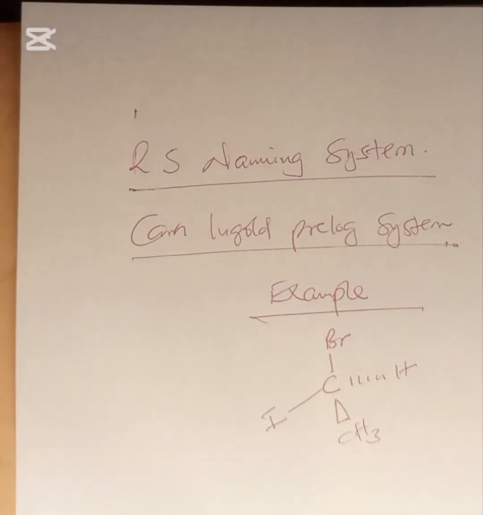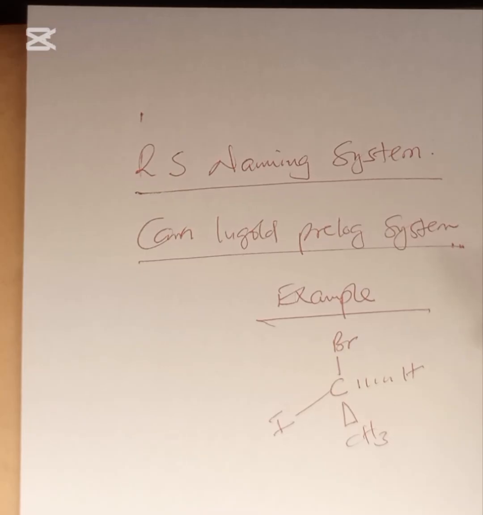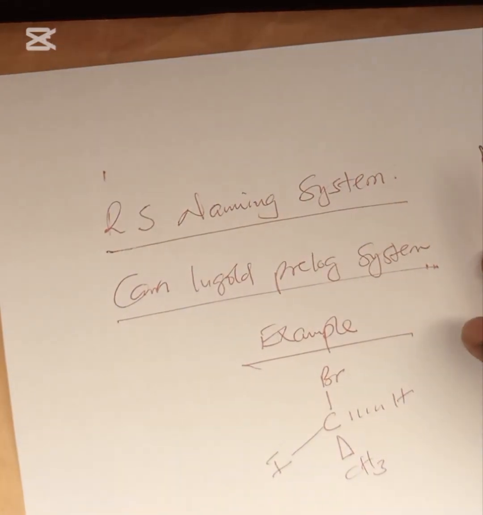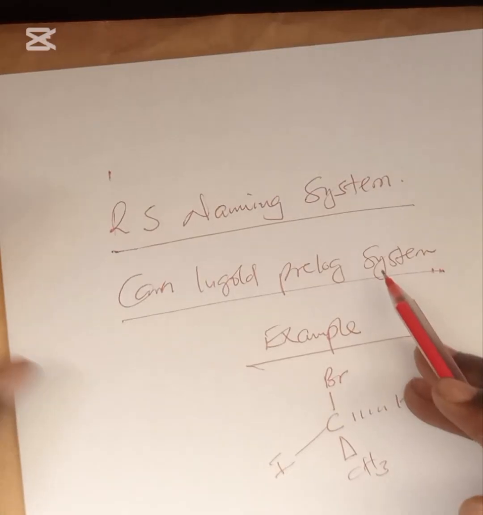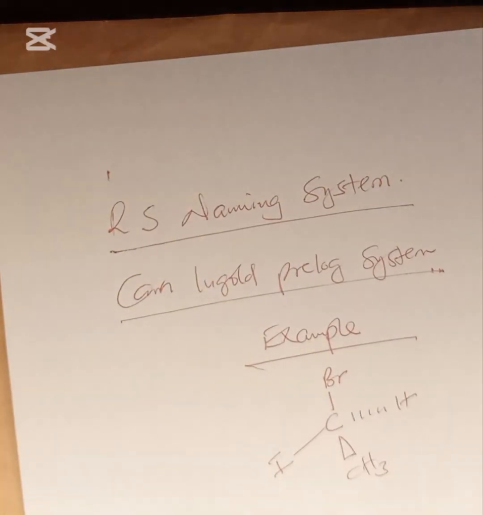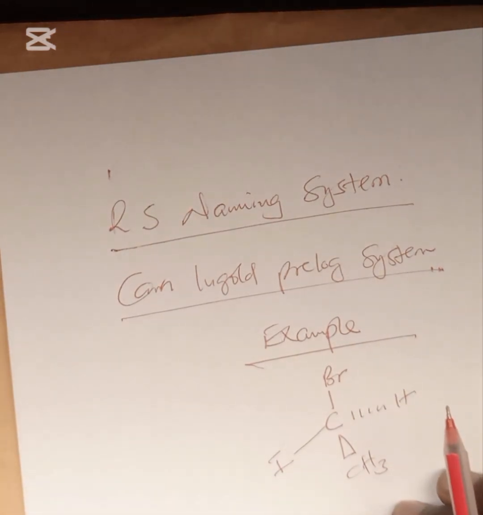This is a compound that we need to name. Now remember, we need to assign priorities depending on which one has the highest atomic number. So in order for you to know which one has the highest atomic number, you need to look at the periodic table. You need to have a periodic table with you.